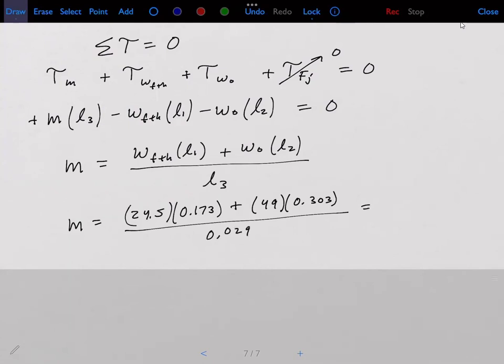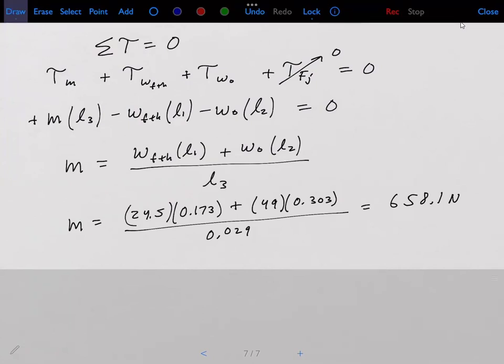And if you work that out, you're going to get 658.1. So that is the muscle force. Assuming the biceps is the only muscle acting, that would be the force that the biceps exerts to keep the forearm and hand in that isometric contraction, holding that weight.